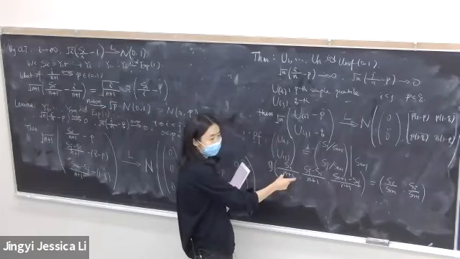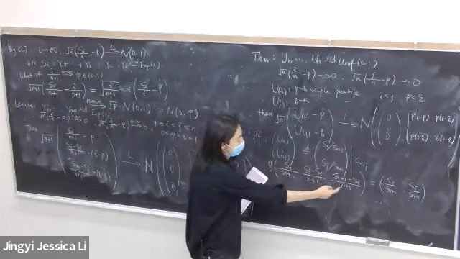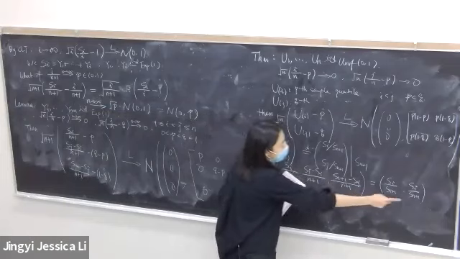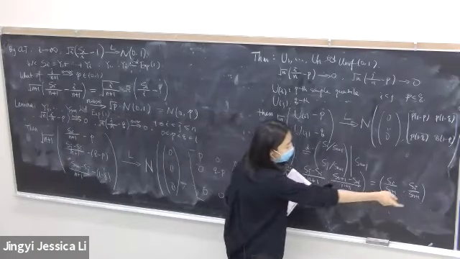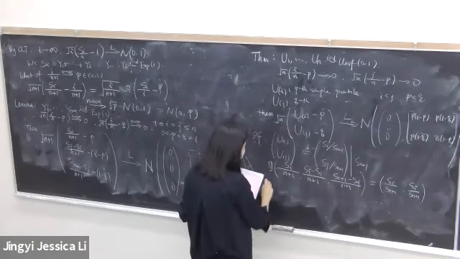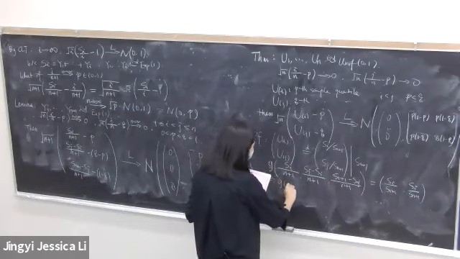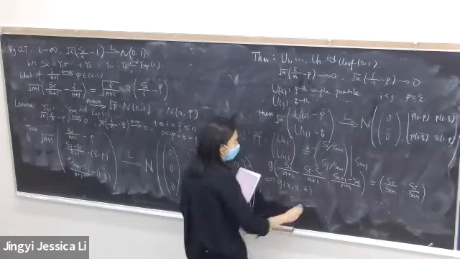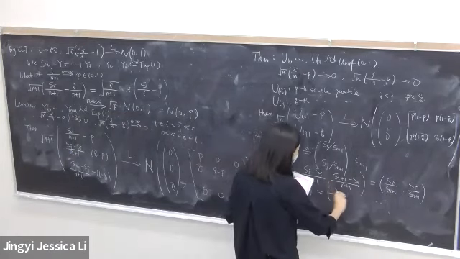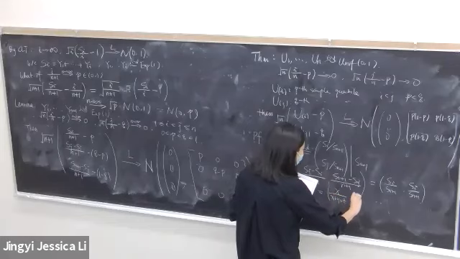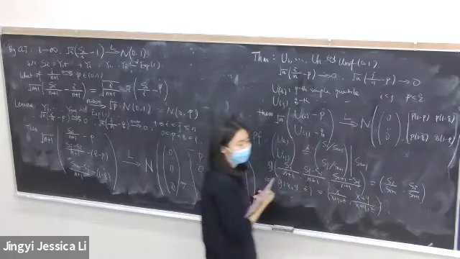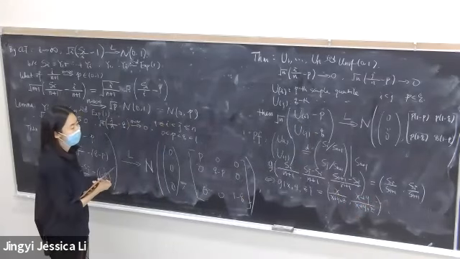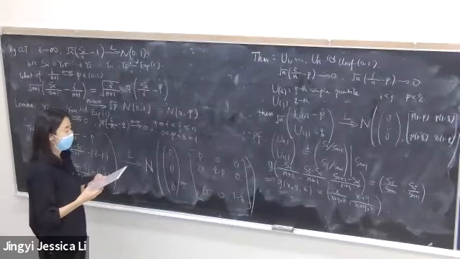So it's basically the first element divided by the sum of the three elements. That will give me here. For this, I need a sum of those two elements divided by the sum of the three elements. That will give me here. So in other words, this g function, if I write as x, y, z, it's just x over x plus y plus z, and x plus y divided by x plus y plus z. That's it. And with this g function, I would be able to do the delta method.